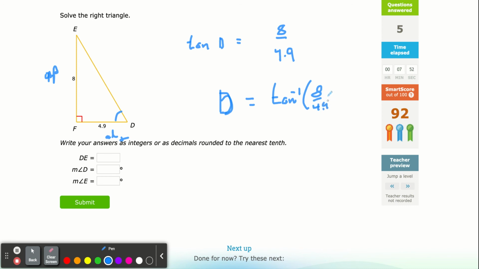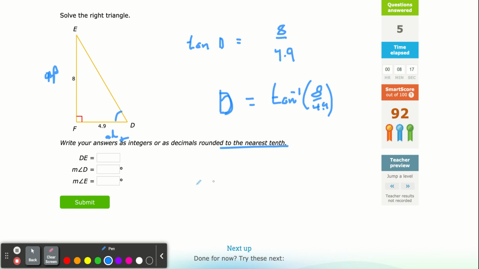So I grab my calculator, do the shift or second key, tangent with the little -1 above it, of 8 divided by 4.9 in parentheses. I did something wrong. Oh, I did the inverse cosine. That's the inverse tangent of 8 divided by 4.9, and I get 58.51.